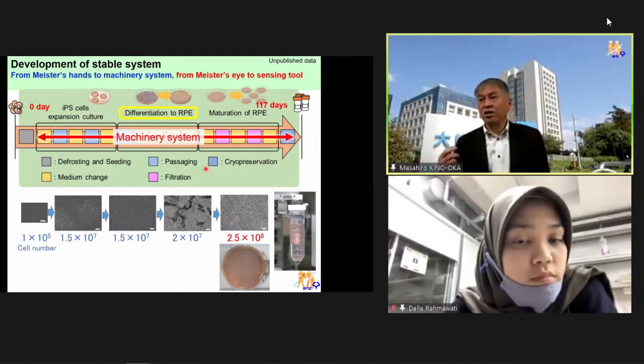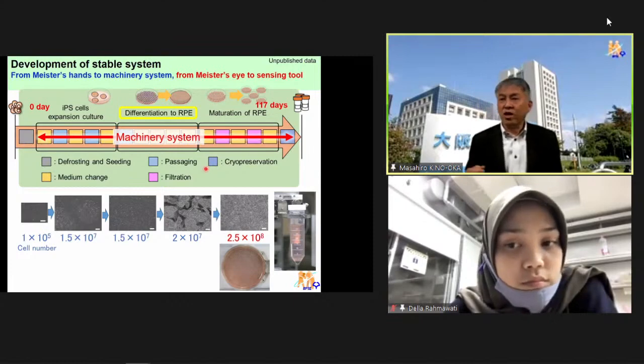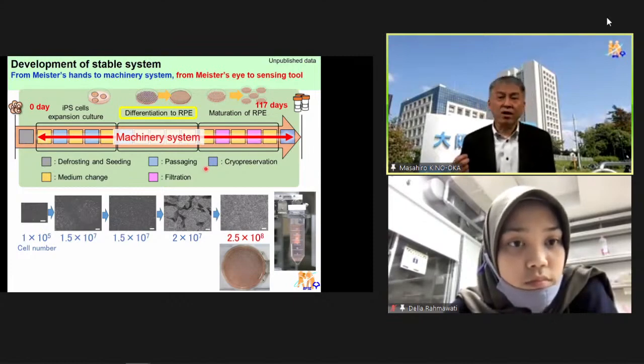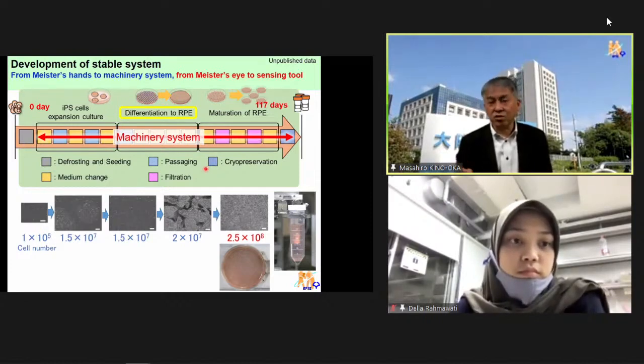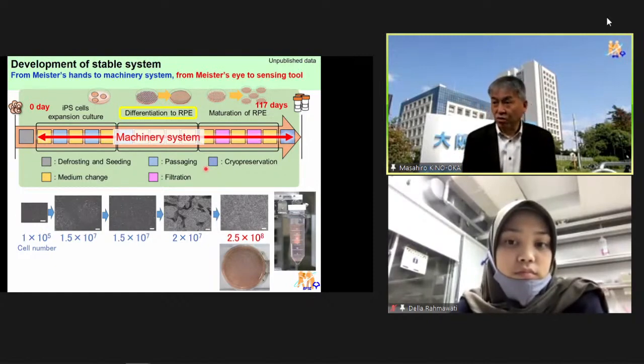In Japan, she is the first person, the pioneer, for clinical application using cells derived from iPS cells. Now 4 patients have finished the transplantation of RPE derived from iPS cells.